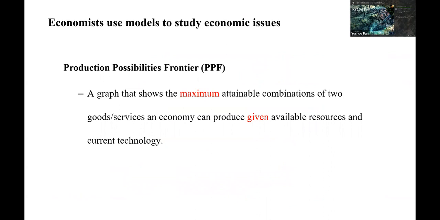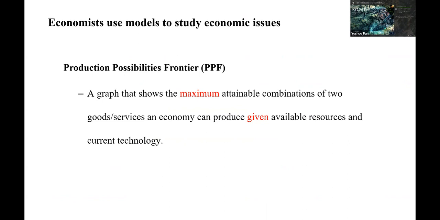And the next model is also an important model. It's called the Production Possibilities Frontier, the PPF. A graph that shows the maximum attainable combinations of two goods or services an economy can produce given available resources and the current technology.